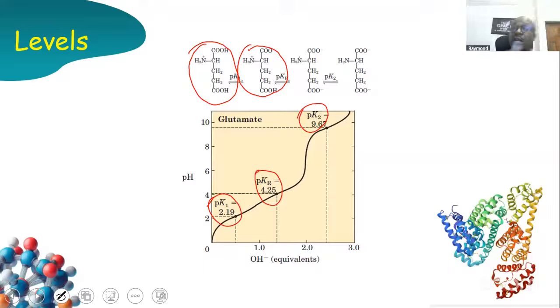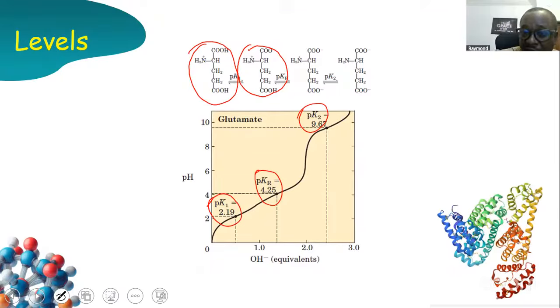So we know that at acidic pH, the amino group is still retaining the positively charged group at lower pH. As the pH increases, the carboxylic group begins to lose its hydrogen. As the pH increases further to the basic region, the amino group loses its own hydrogen, and the carboxylic group is also still negatively charged.